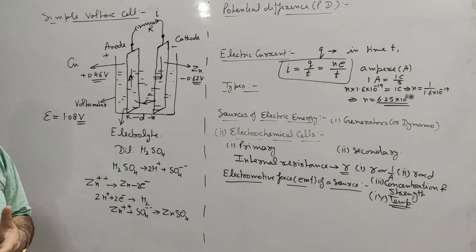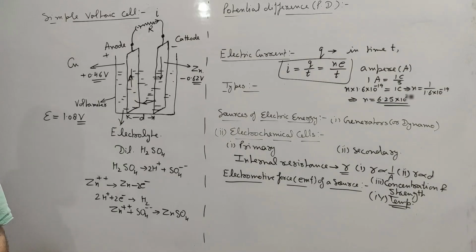This can be used to explain why vehicles are able to start quickly in summers but are not able to start as quickly in winters. In summers, temperature being more, the internal resistance offered by the cell will be less, so it will be able to provide more current to start the vehicle.